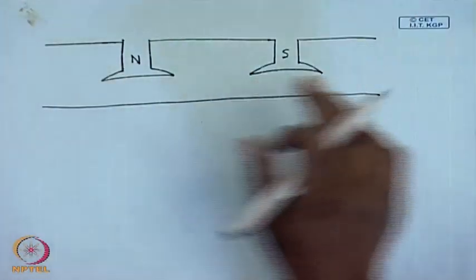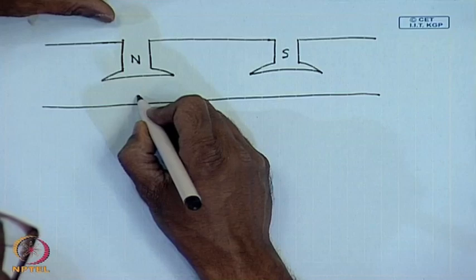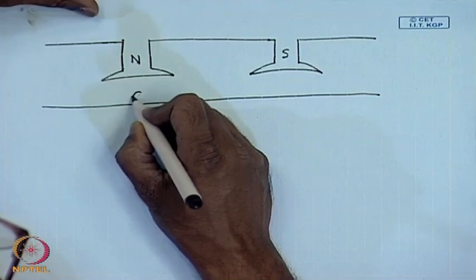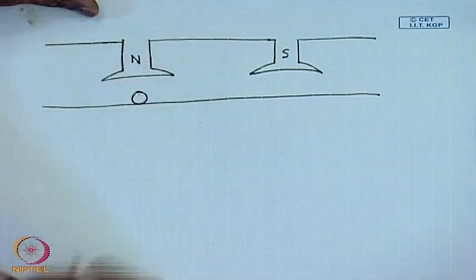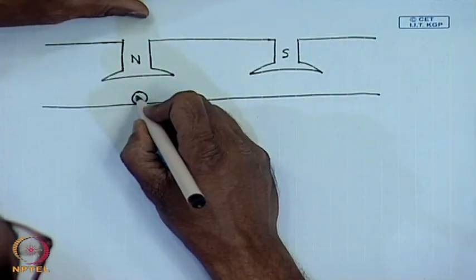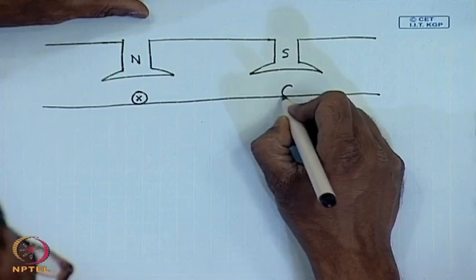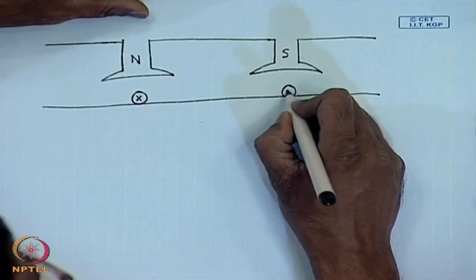In the unaligned position, let us say one conductor is below the north pole, another conductor is below the south pole.